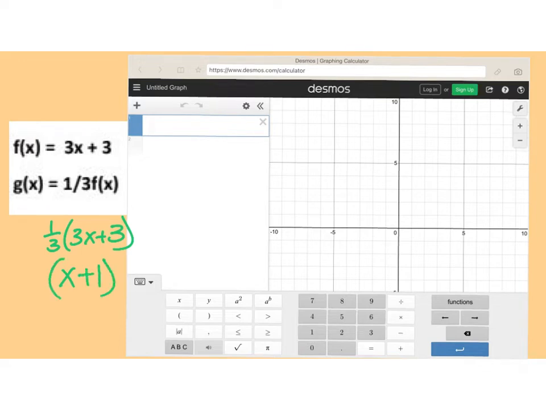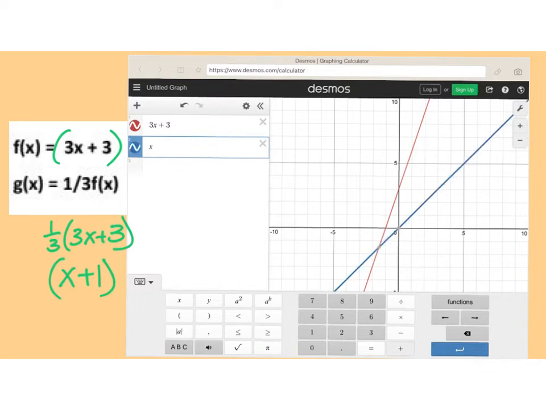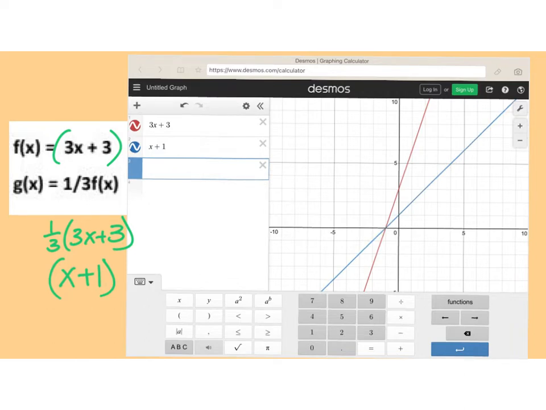So I'm going to graph both of these right here. So let's see, 3x plus 3 and x plus 1. There you go. Again, the first graph is the more steep graph. So in this case, it got flatter.